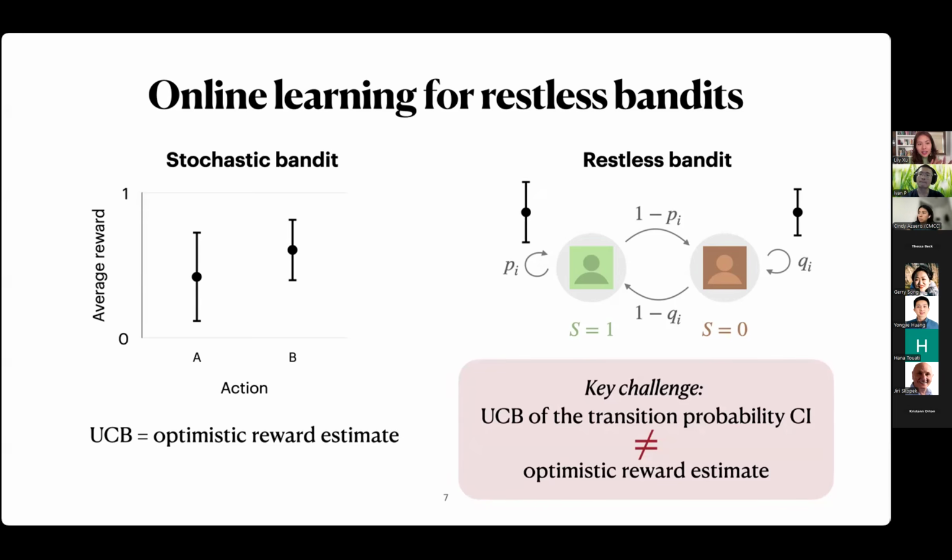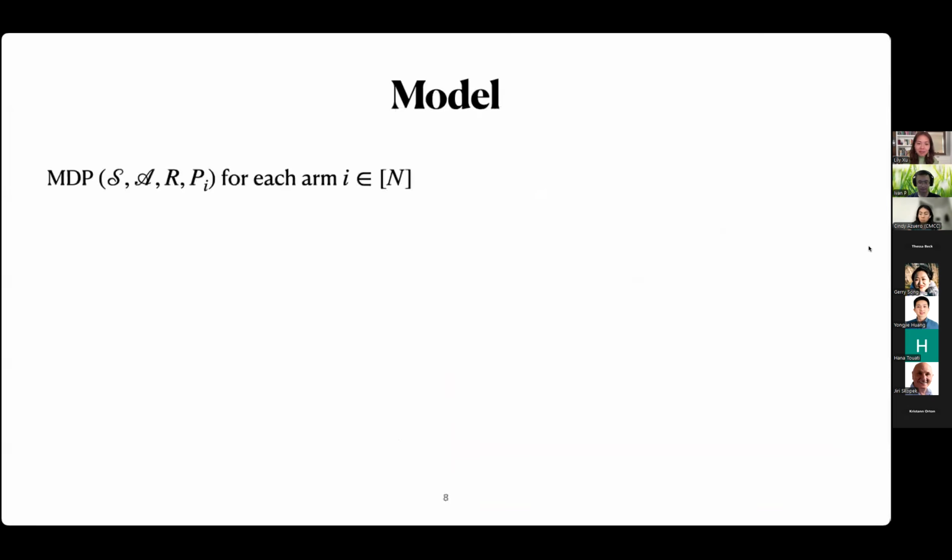So here, the upper confidence bound of these transition probability confidence intervals does not directly translate to an optimistic notion of reward. So we have to think about how we do planning in this context instead.